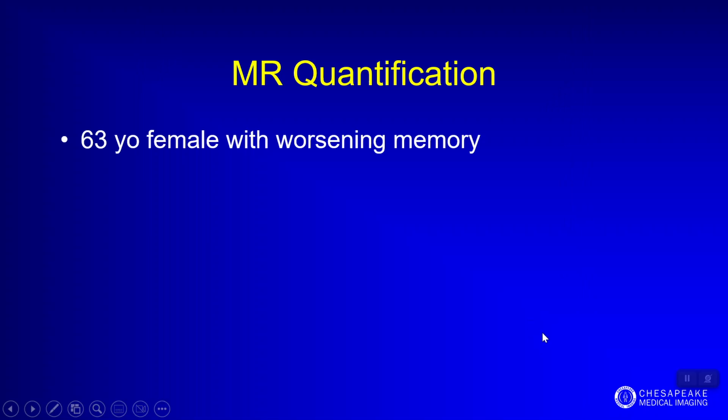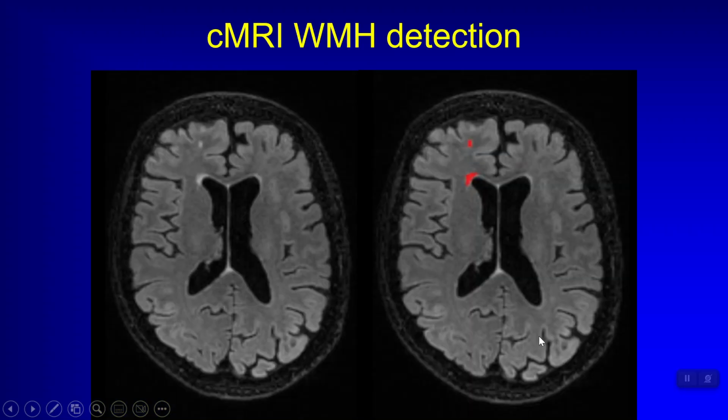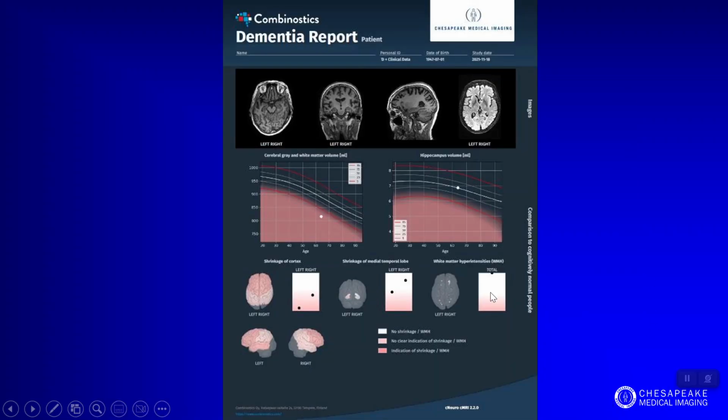This is a 63-year-old female with worsening memory. You can see that this program can also identify the white matter hyperintensities, and then it will calculate a lesion count and volume. It will calculate again the cortical and gray white matter volume, and then plot that for you against the normal distribution by age, the hippocampal volume, and plot that against the normal distribution by age.